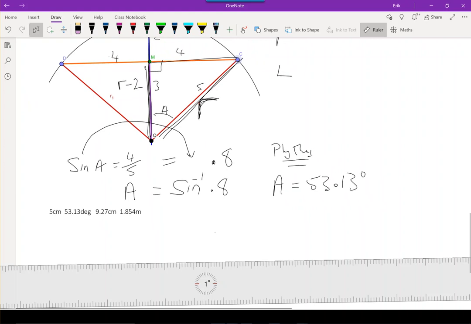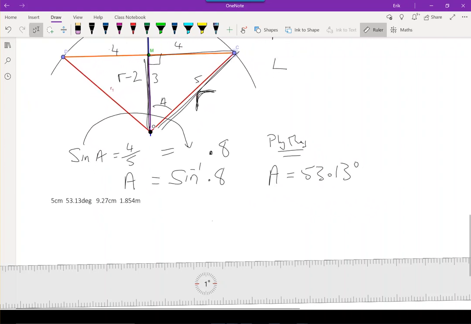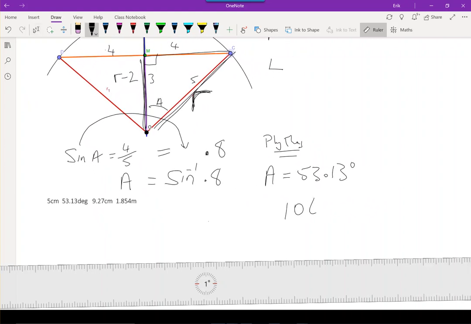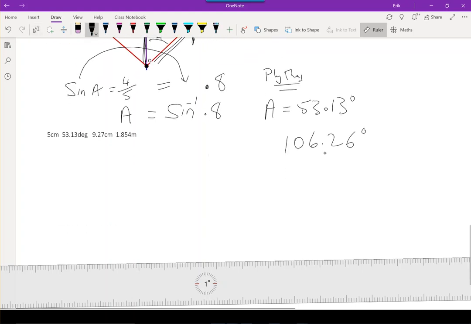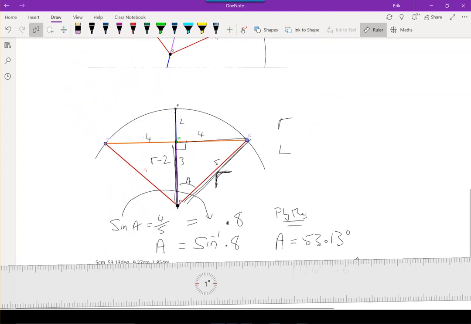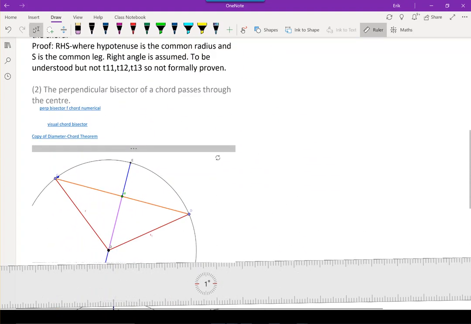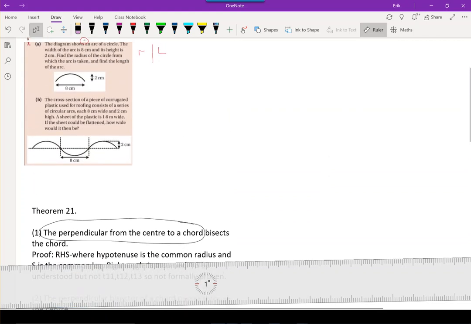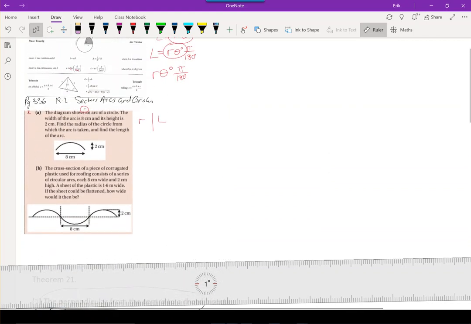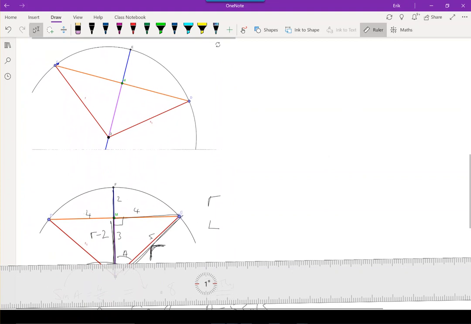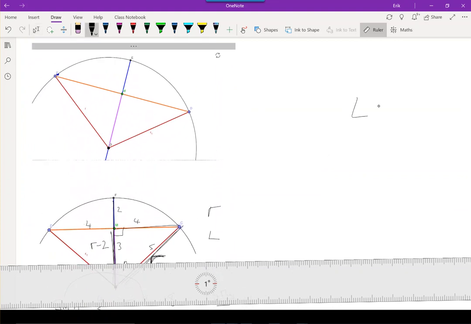Okay, but that's not the central angle, that's half the central angle, so you double it, and you get 106.26 degrees. Okay, I could have done this in radians, and then I would just simply use L equals r theta.